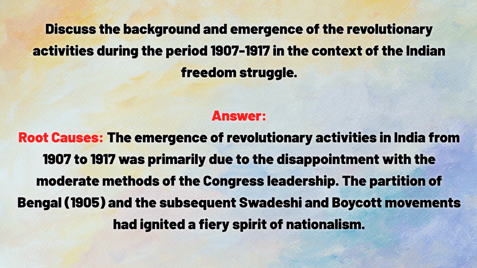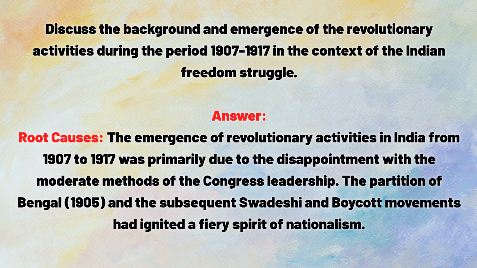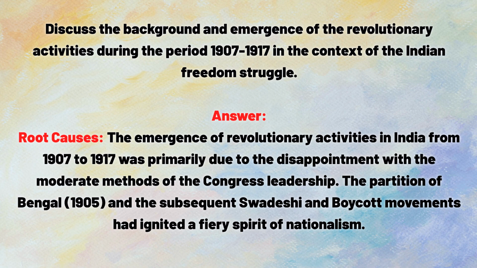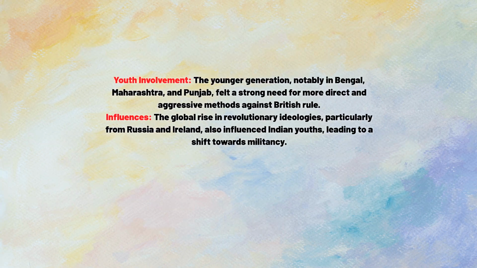Answer. Root causes. The emergence of revolutionary activities in India from 1907 to 1917 was primarily due to the disappointment with the moderate methods of the Congress leadership. The partition of Bengal, 1905, and the subsequent Swadeshi and boycott movements had ignited a fiery spirit of nationalism. Youth involvement.